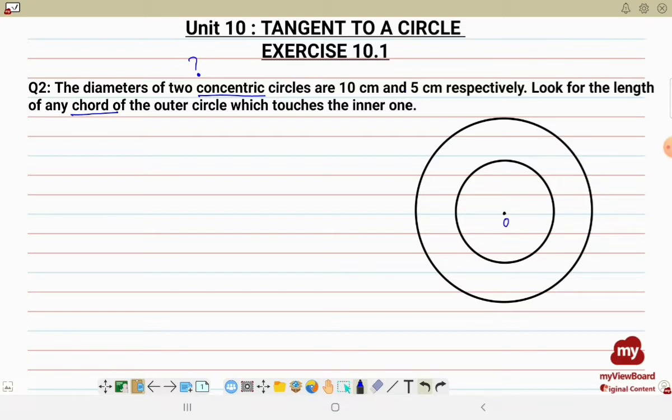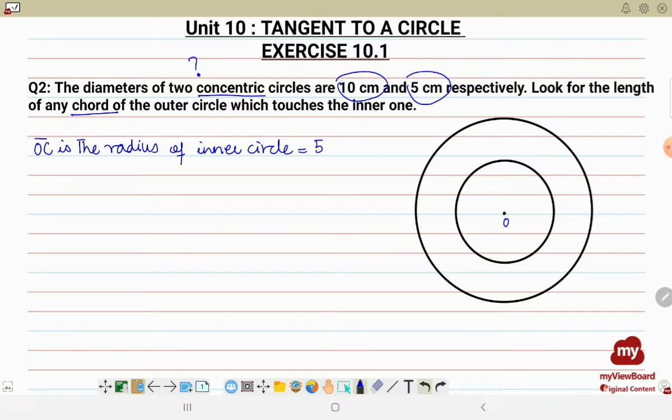So the diameters of two concentric circles are 10 centimeter and 5 centimeter. If the diameters are given to us, we can easily find out the radius. So if I say OC is the radius of the inner circle, obviously the inner circle will be having a smaller radius and a smaller diameter.